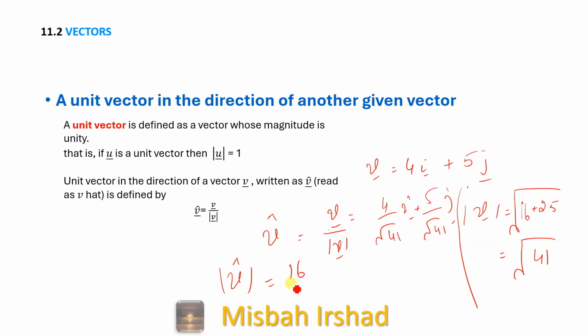So 16 over 41 plus the square of the y component, 25 over 41, whole square root. And this is equal to 41 over 41, right? And this is equal to 1. So this is a unit vector in the direction of the given vector V.